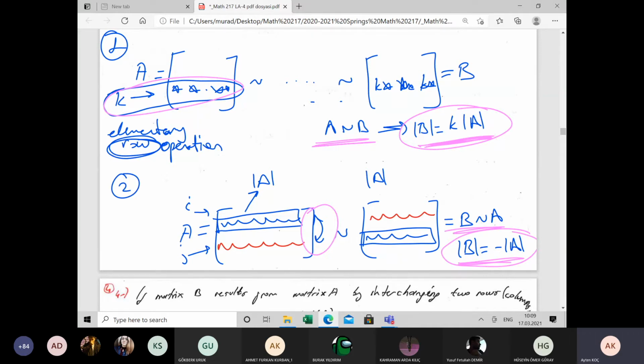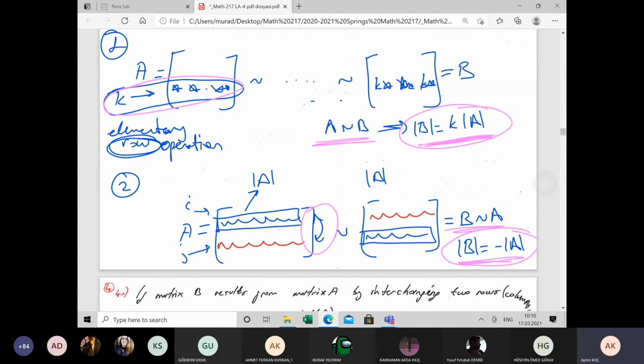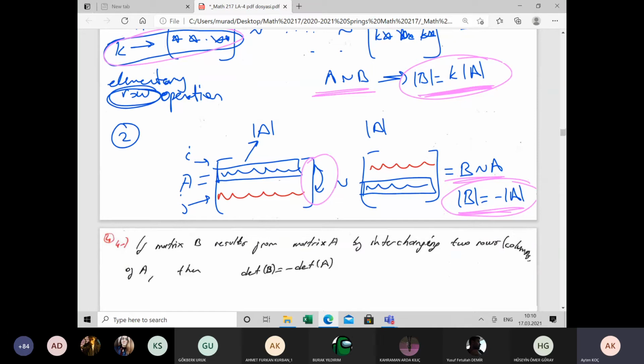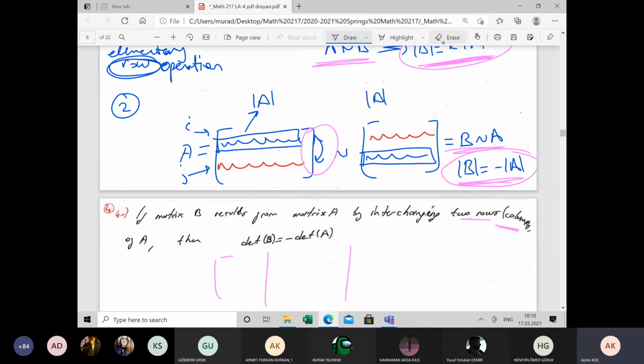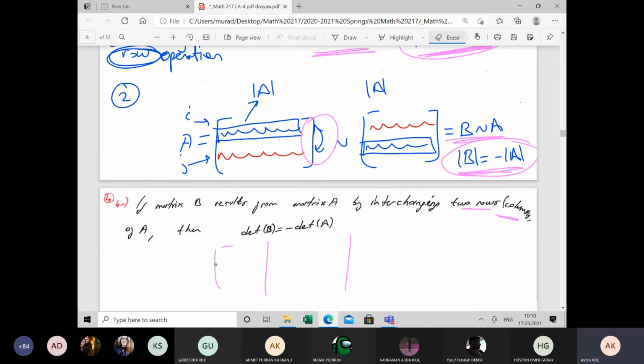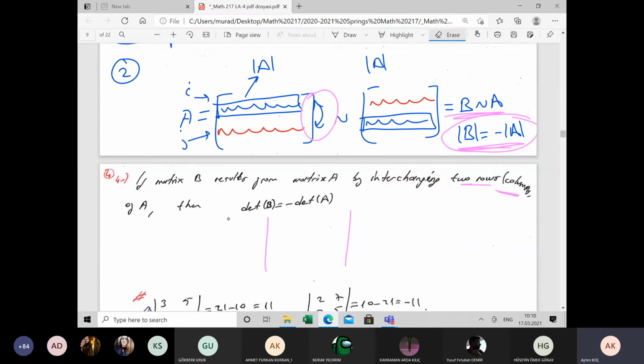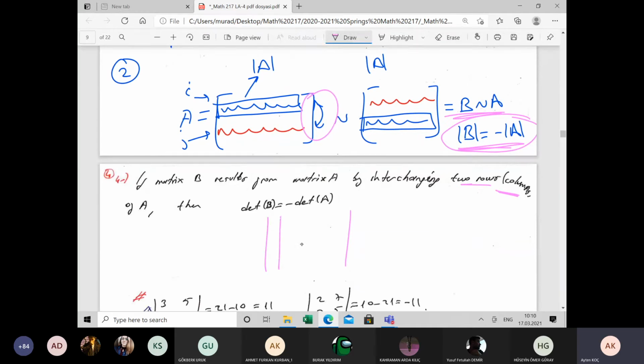But be careful here: this property about determinants is valid for columns also. Column operation means take this matrix and interchange columns, so the determinant is minus this one.